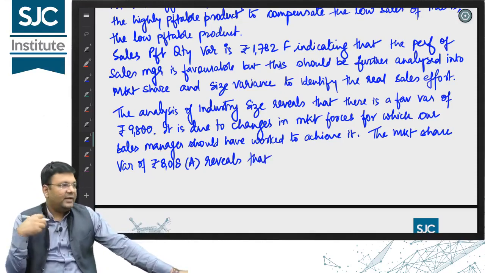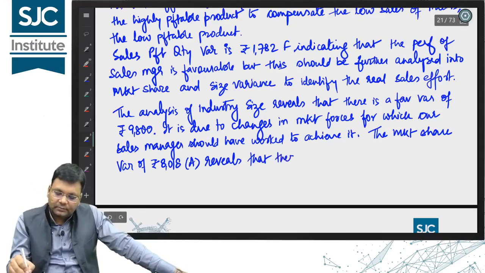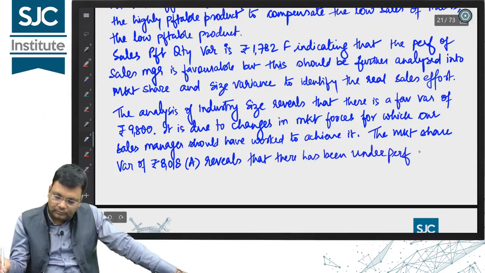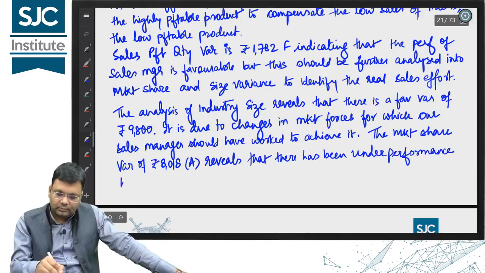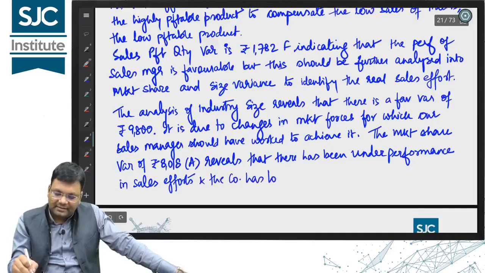The market share variance of rupees 8018 adverse reveals that there has been underperformance in sales efforts and the company has lost sales in the hands of competitors.